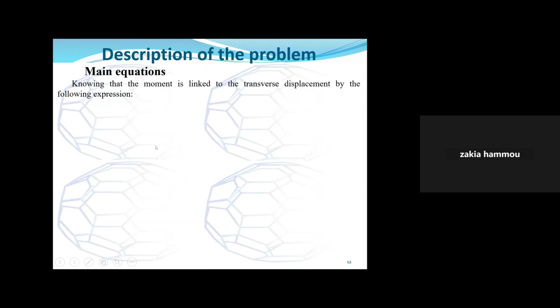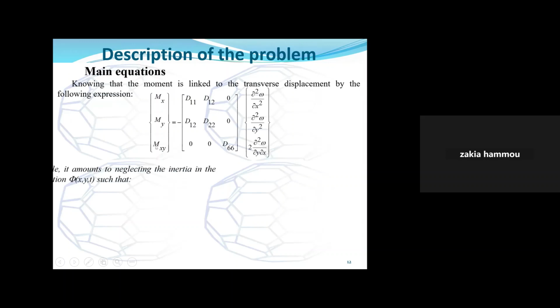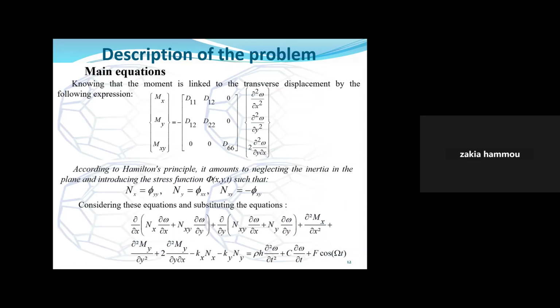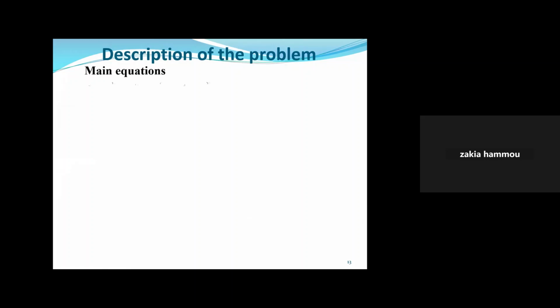Knowing the moment related to the transverse displacement by the following expression, and according to Hamilton's principle, it amounts to neglecting the inertia in the plane and introducing the stress function phi such that, and considering this equation and substituting it into the previous one, we obtained a new equation of motion.